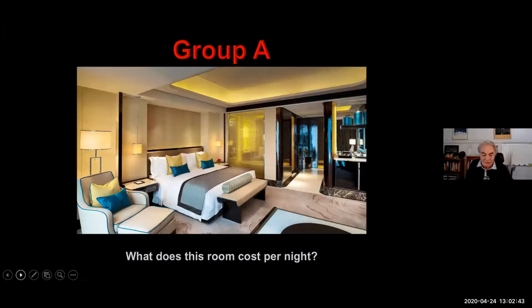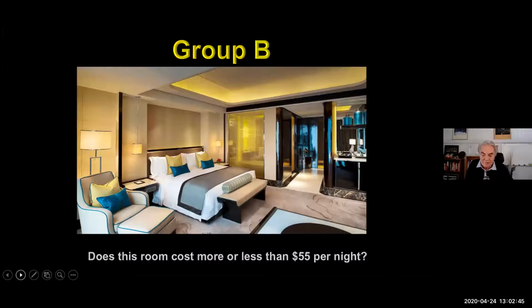I then took the rest of the room, calling them Group B, showed them a very similar picture, and then asked them the same question, but with a different figure. Does this room cost more or less than $55 per night? And then again, the same exercise, asking them what the room cost per night and asking them to write that down on a piece of paper.